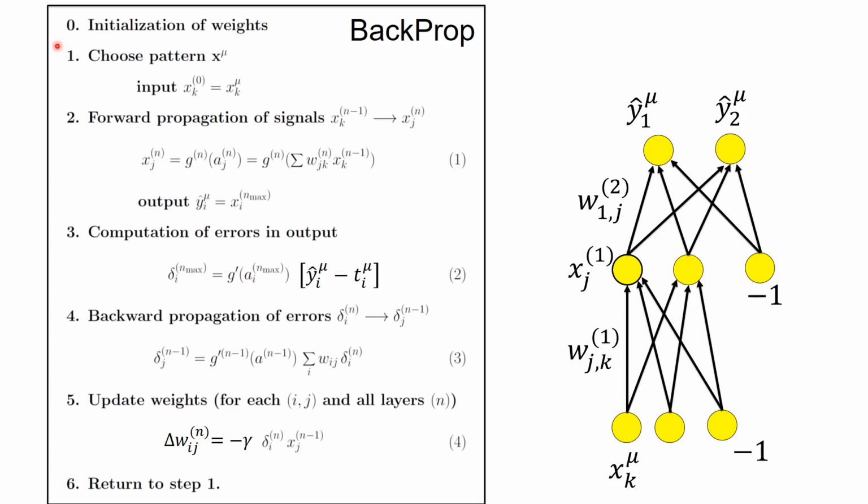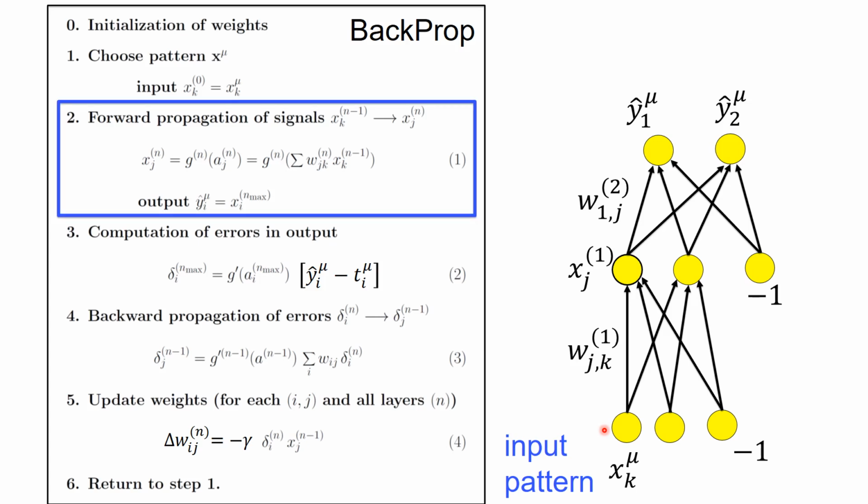What you see in the box is the BackProp algorithm. We start by initializing the weights and then we choose patterns. Let's suppose we have stochastically selected one of the patterns from the database. This pattern is applied as the input in layer 0.